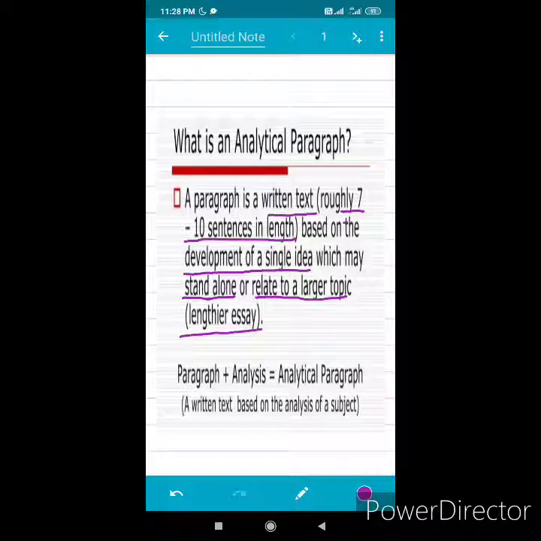It is a paragraph plus analysis. We call it analytical paragraph: a written text based on the analysis of a subject. I think now it is clear to you what is an analytical paragraph.